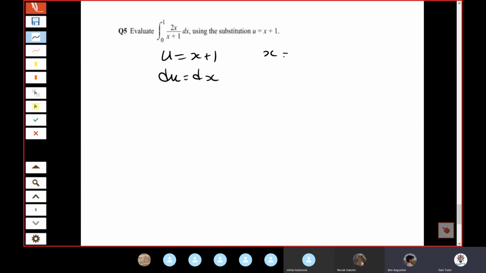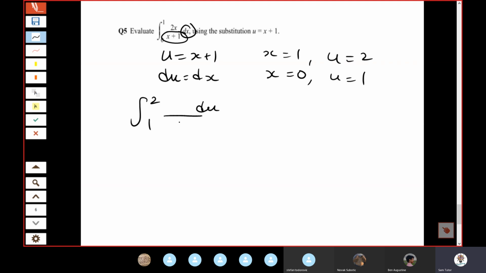And the 2 and the 1 at the top become 2 and 1, correct. This dx becomes du. That's done. This x plus 1 becomes u in the denominator. Done. This 2 can go on the outside.